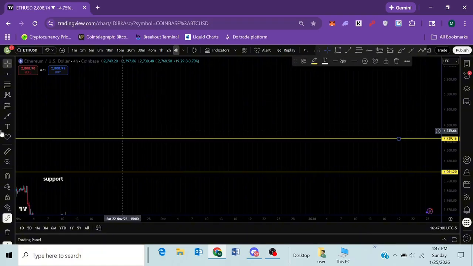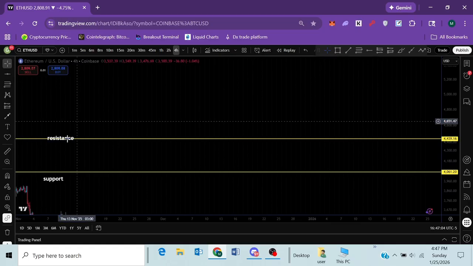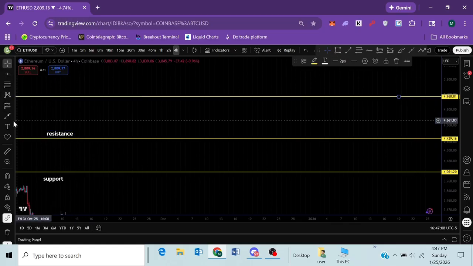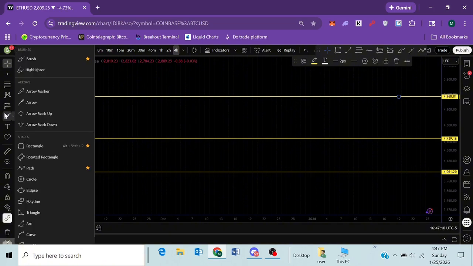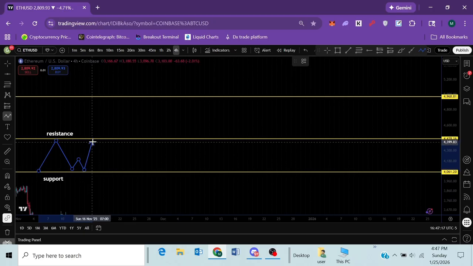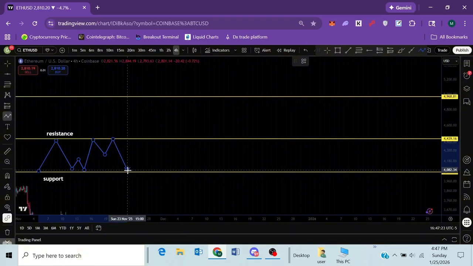Then you have your resistance. So the market may be moving sideways, and when the market is moving sideways like this, where it's not breaking out of a resistance or support, this is called consolidation, right? When the market is moving sideways, it's called consolidation.